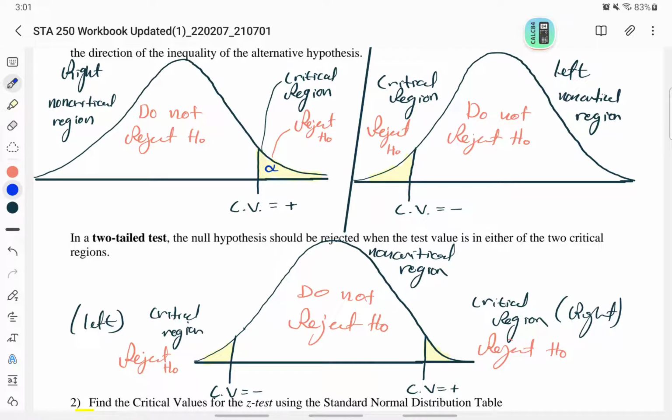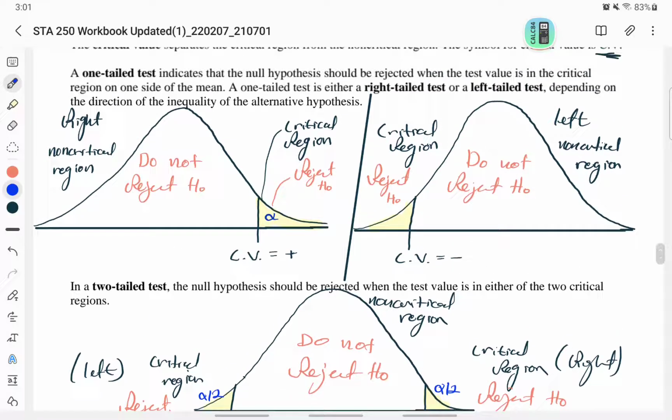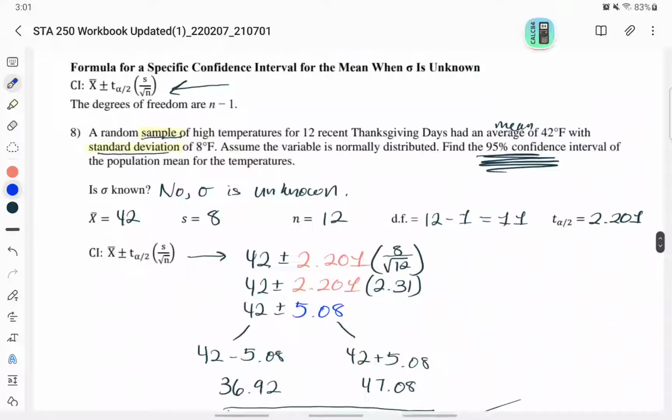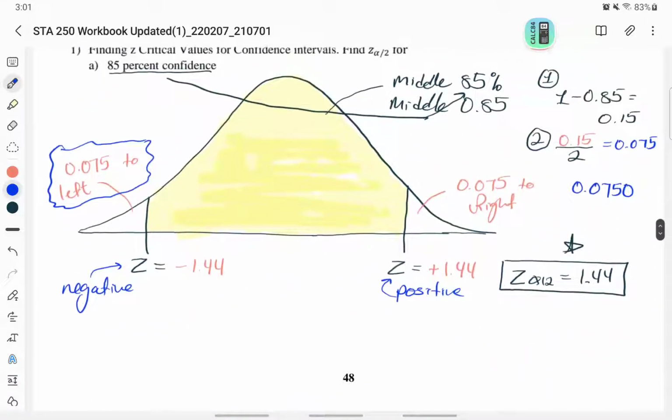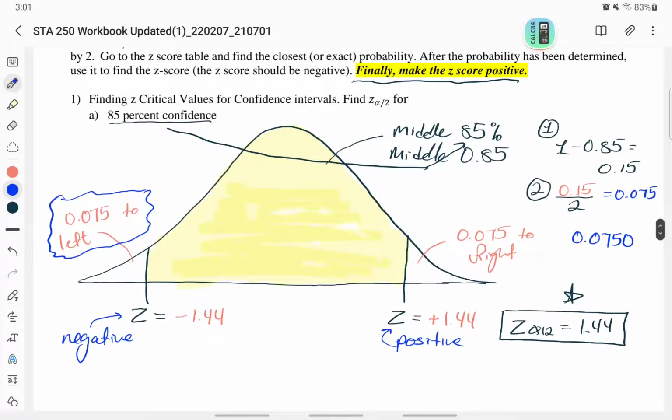And because there are two critical regions, the shaded area right here will be your alpha divided by 2. This will look similar to when we were doing confidence intervals, where this region right here was the alpha divided by 2, but the middle is your confidence.